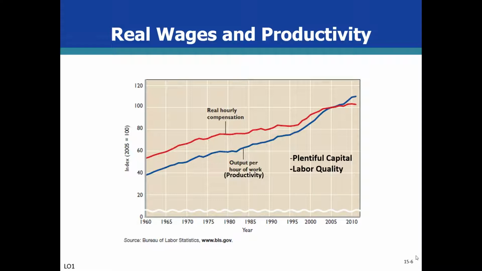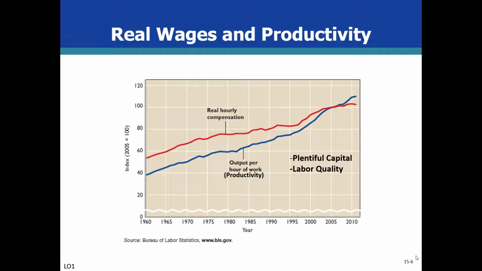There are a number of reasons that labor productivity has increased over time. The two most important are, as shown on the right here, plentiful capital. Firms in the United States have invested in capital, machinery, and equipment. This significant investment has increased the country's production possibilities curve and the ability of labor to produce more goods.